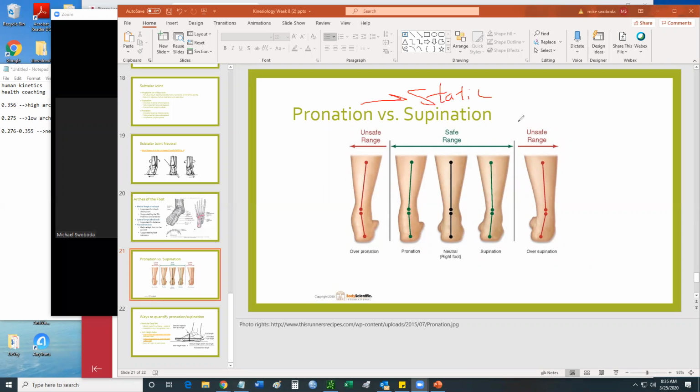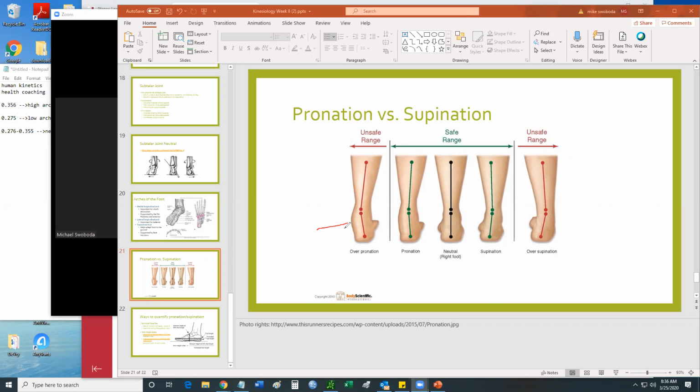So you have to be weight bearing. You're not going to really see this if you're sitting, unless it's really bad. But if you're standing, that's when you'll see it. Where you want to be is in these middle ranges, from the neutral foot to slight pronation or slight supination.